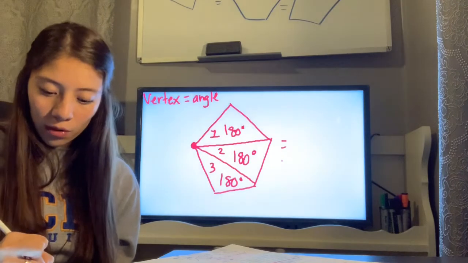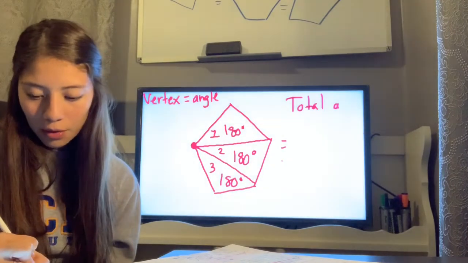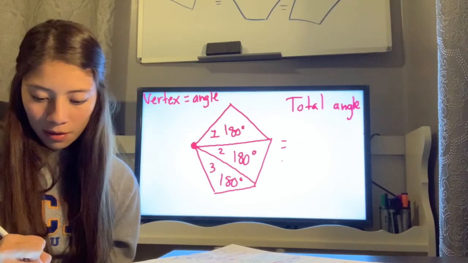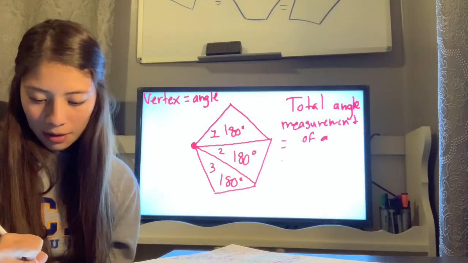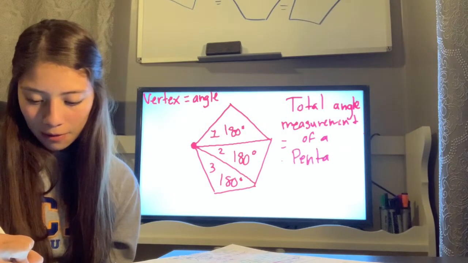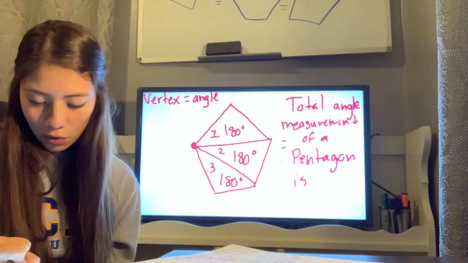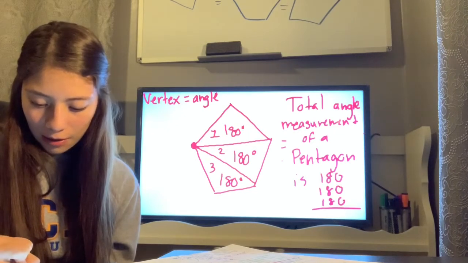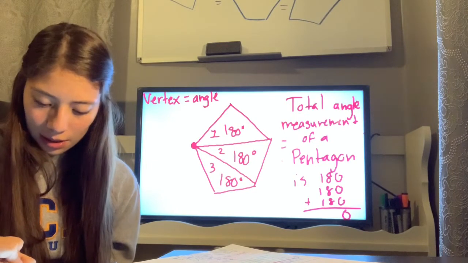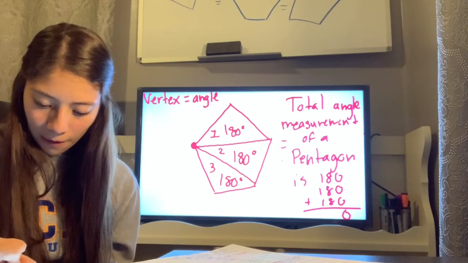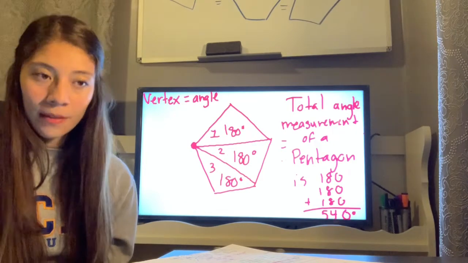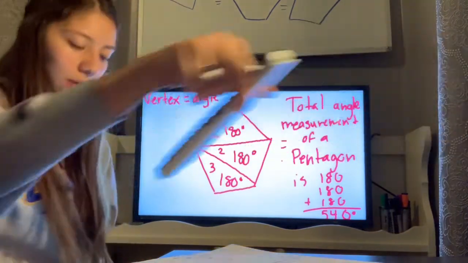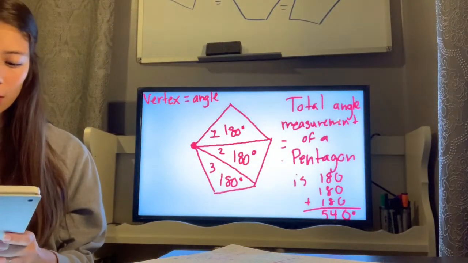So the total angle measurement of a pentagon is 180 plus 180 plus 180, and that gives us, let's see, 540 degrees.